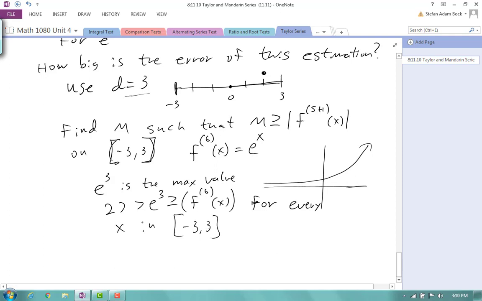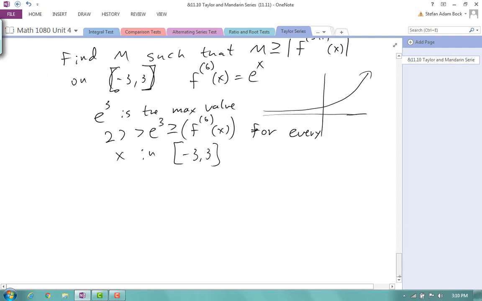If I wanted a more specific remainder, I would use d equal to 2, but that's getting it very close to where I'm looking.